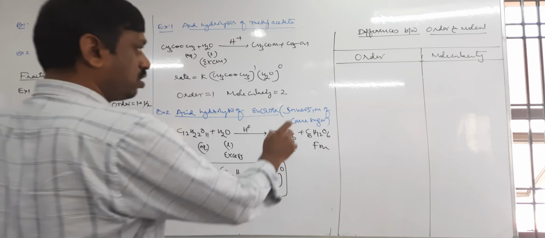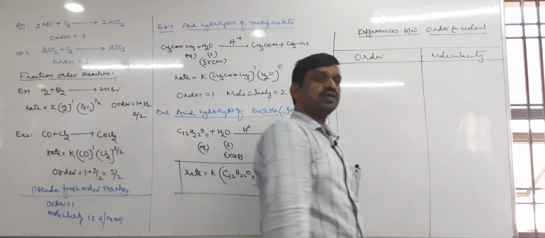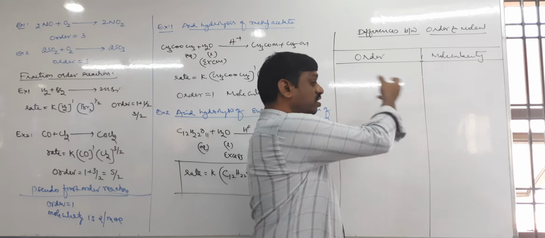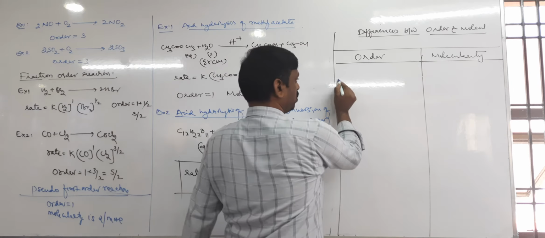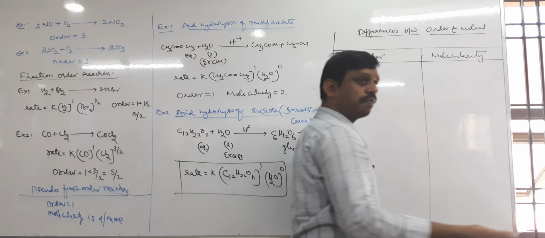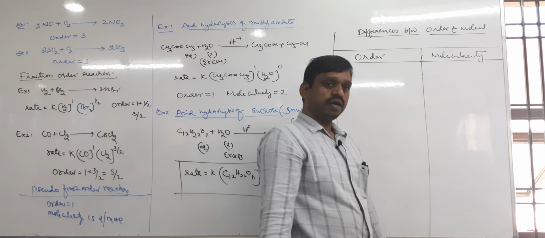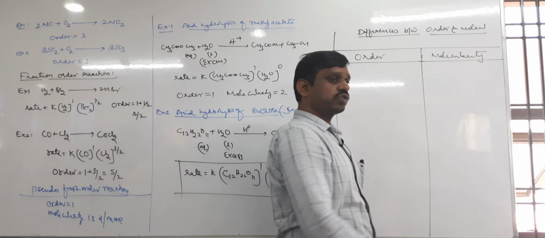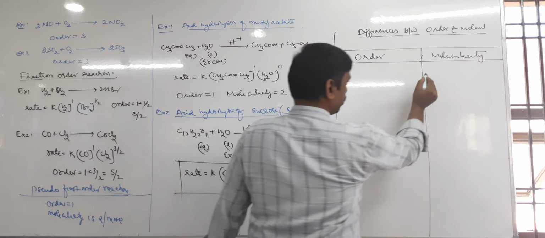It is the sum of the powers of the molar concentrations of reactants in the experimentally determined rate equation. That is the order. Now this side: the number of reacting species which take part in the elementary reaction or RDS is called molecularity. So that is the definition you can write.